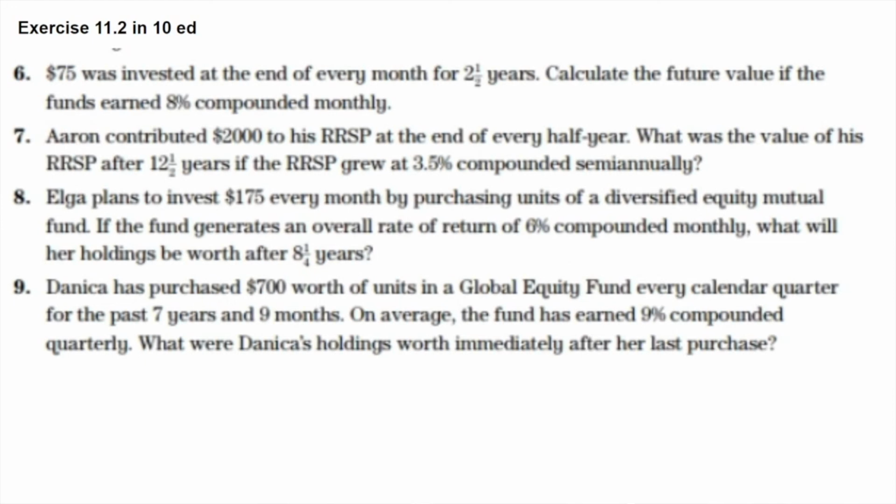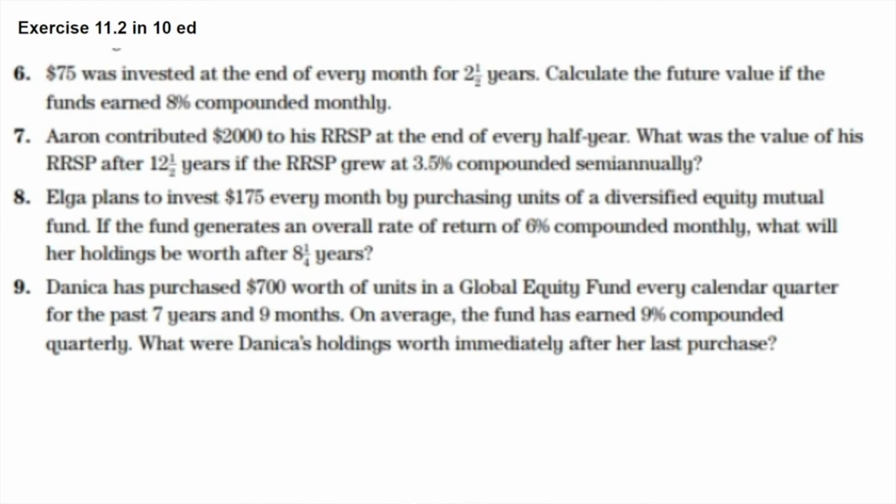The 8%, we have to convert that now. That's 8% compounded monthly. So we take 8%, divide it by 12, and that will give us the value of i. Okay, so 8% divided by 12, then in a decimal format, it was 0.0067.